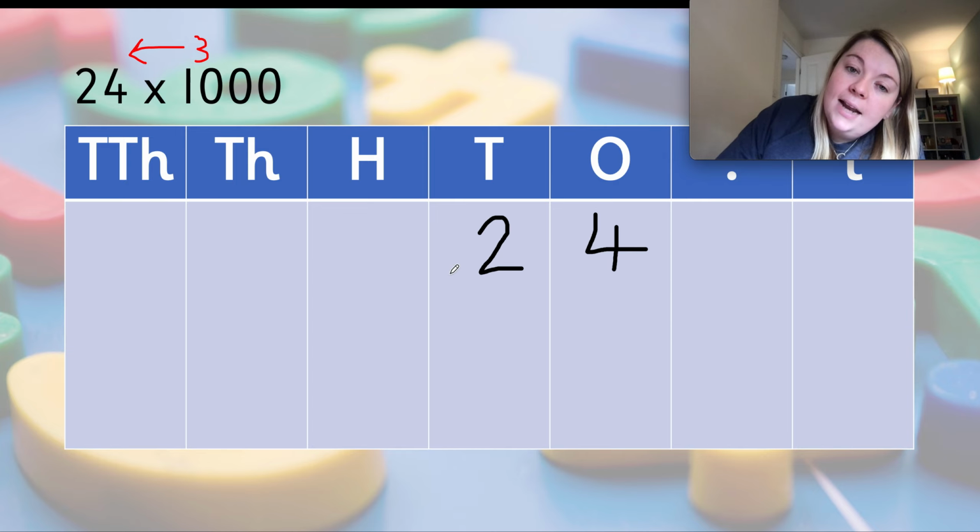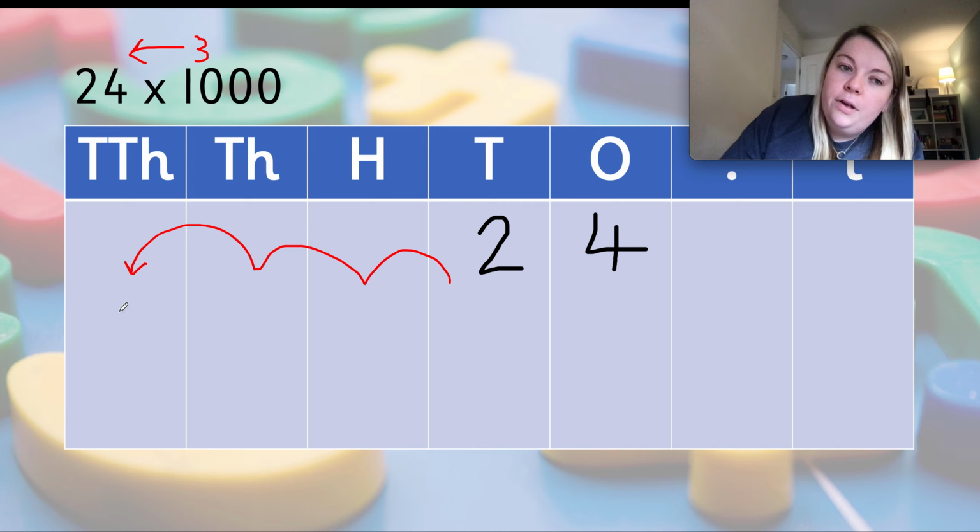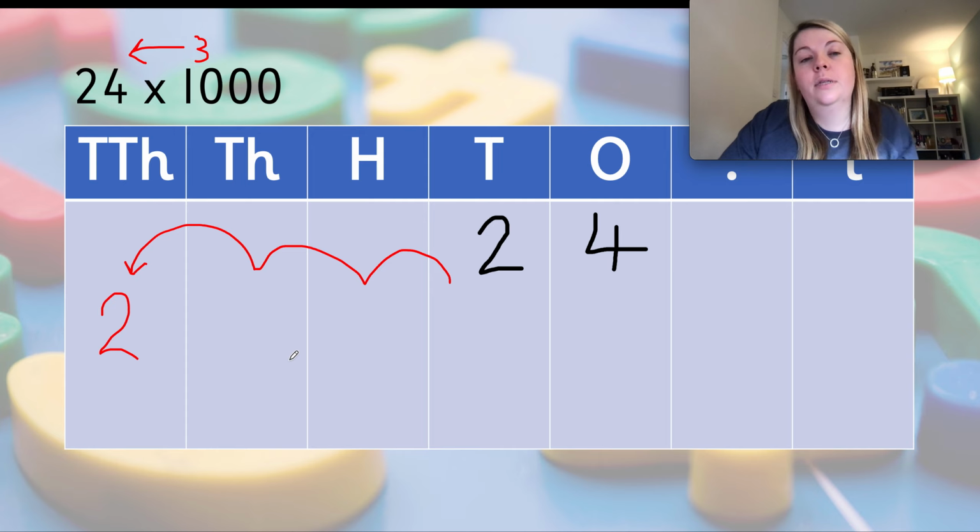So our tens number, the 20 in the tens column, so the 2 10s, is going to move not 1, not 2, but 3 place value columns to the left. So it becomes 20,000.